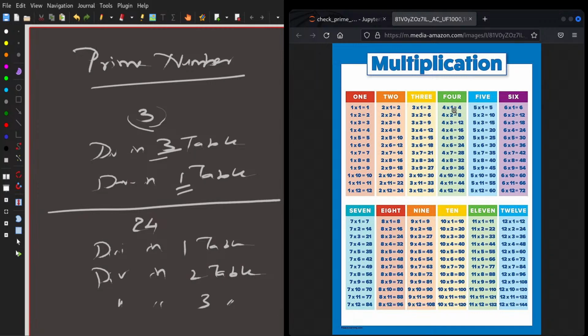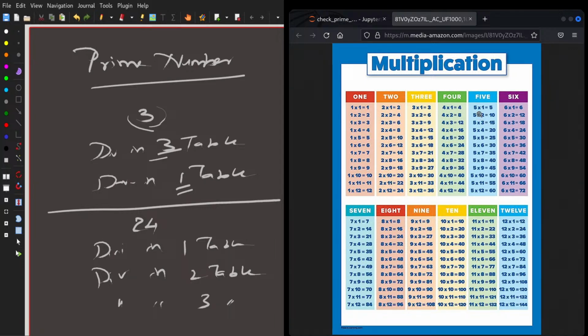Okay, let's take 4. When n is 4, I know it is divisible by itself and 1. In the second analysis, we plan to stop at n, but because the time complexity of this algorithm is n, we are trying to find a different way, so that we need not check all these numbers in between.